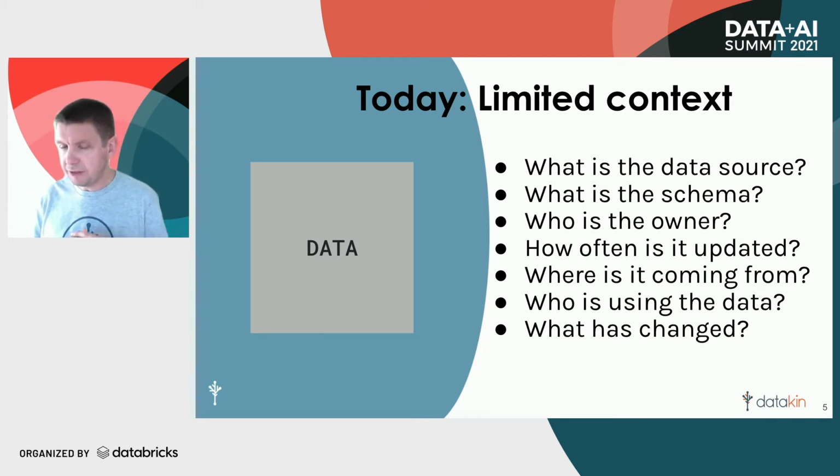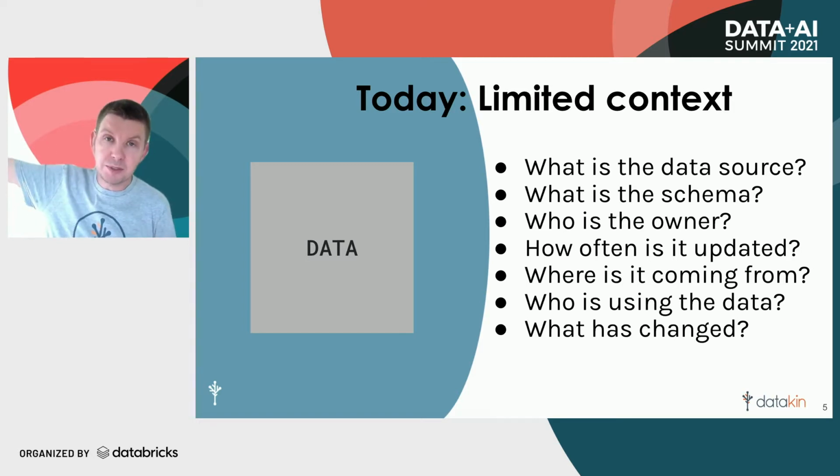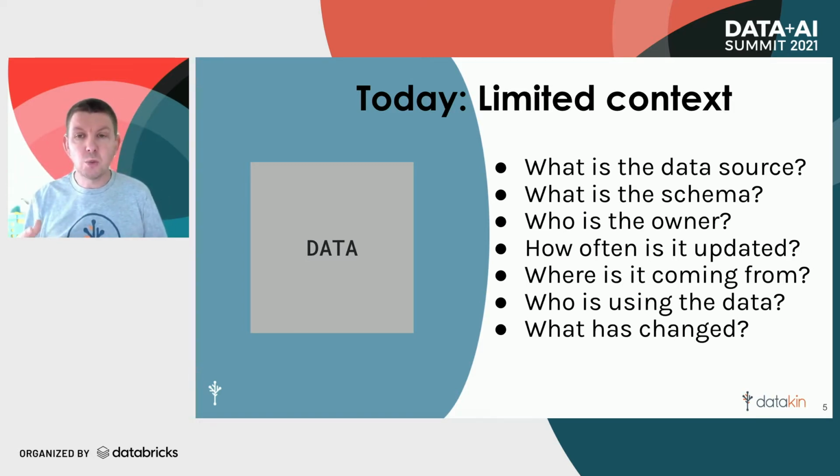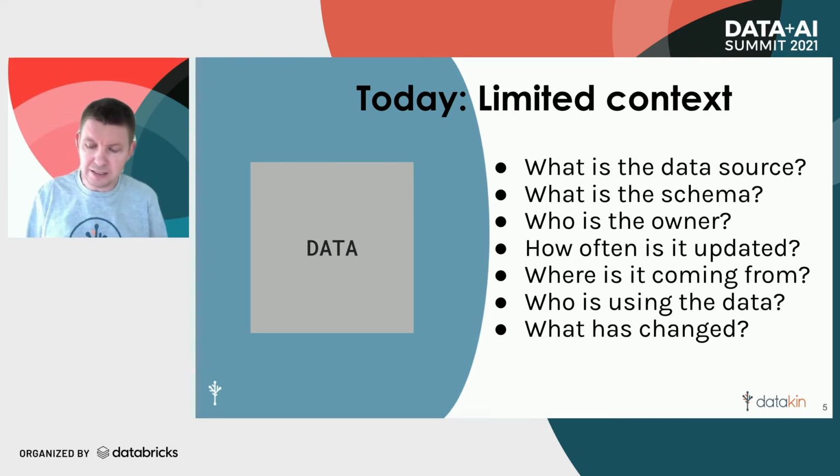It's hard to go beyond everybody who's consuming, several times and sometimes multiple hops downstream from you, or where the data is coming from, multiple hops upstream from the data set. So there's very limited context. I mean, you can get to this information, but it's just hard and time consuming to get to it.